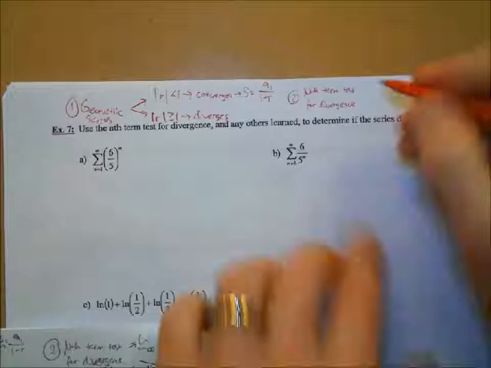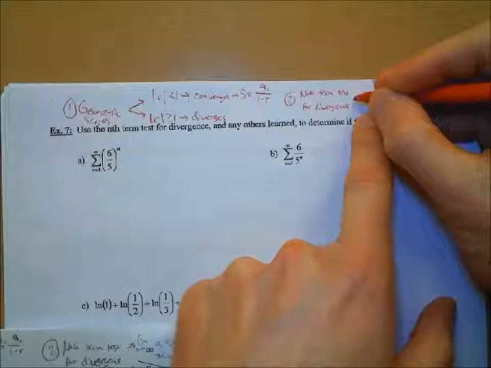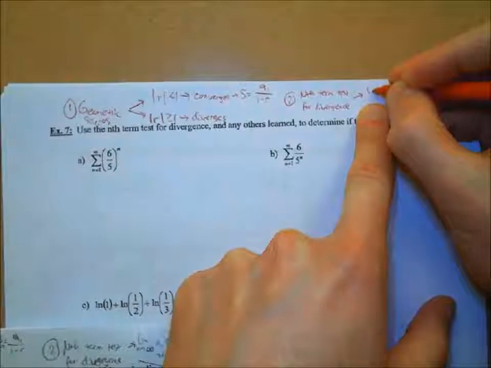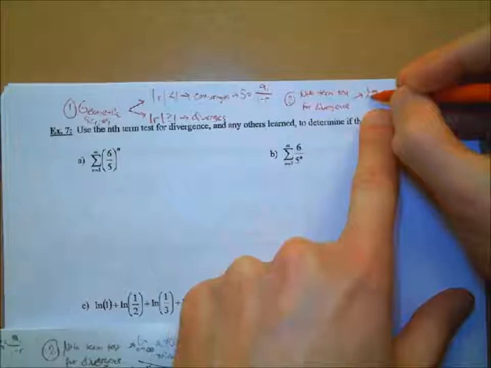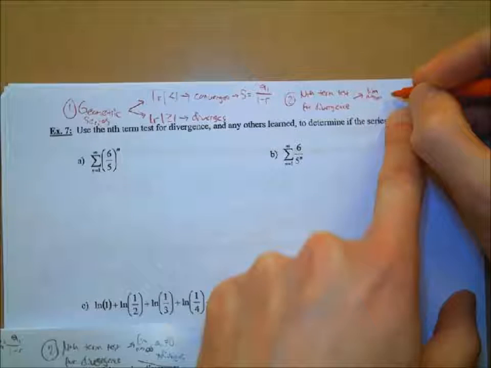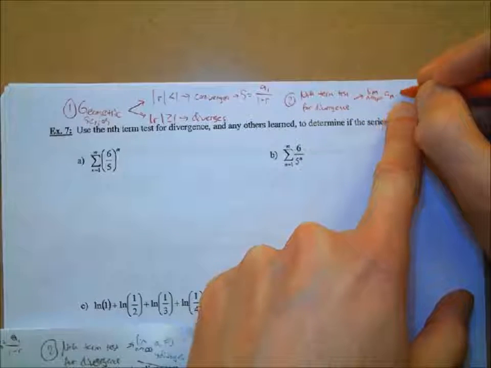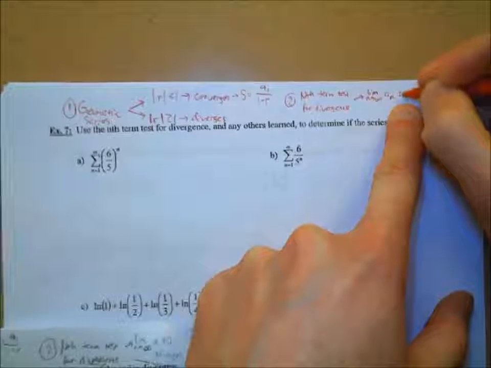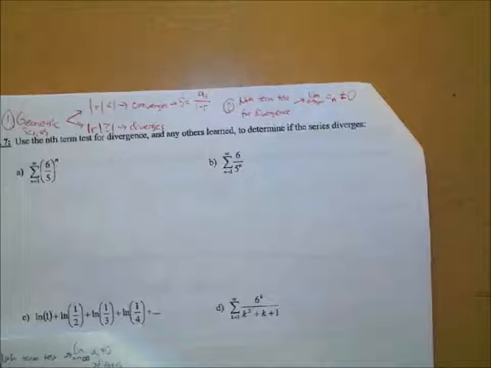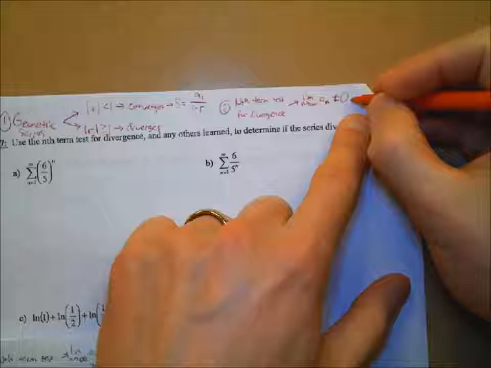Okay? So now there's two scenarios here. If the limit as n approaches infinity of a sub n, the sequence there, does not equal 0, what do we then know about the series? The series will diverge.